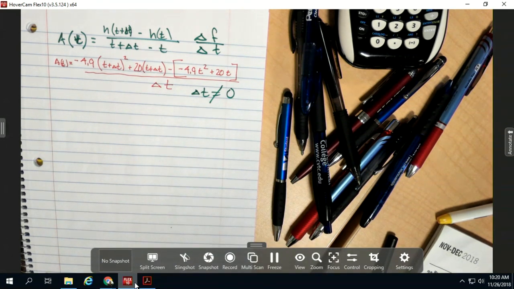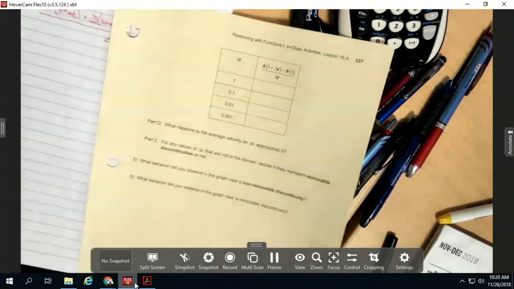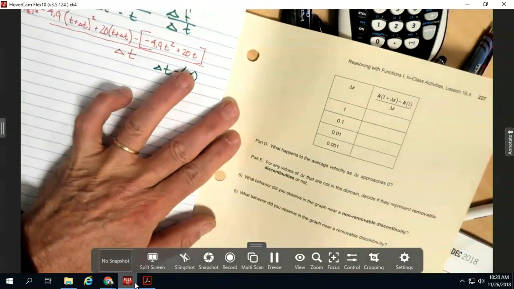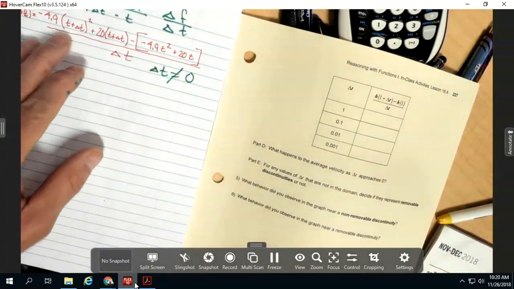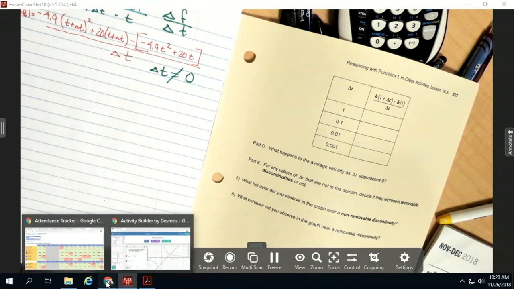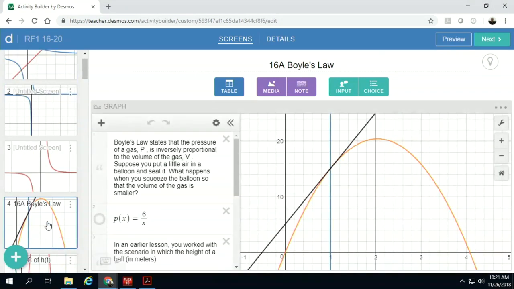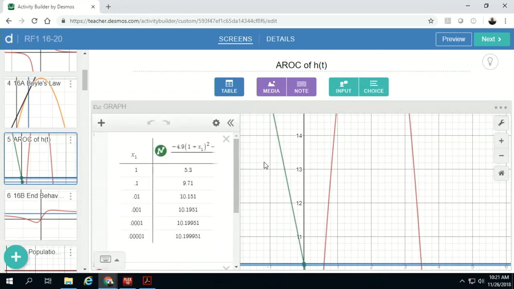So does it make sense in this context? Yes. So let's go through it and fill out these numbers here. Okay, here we go.